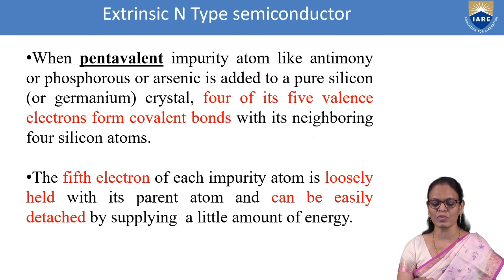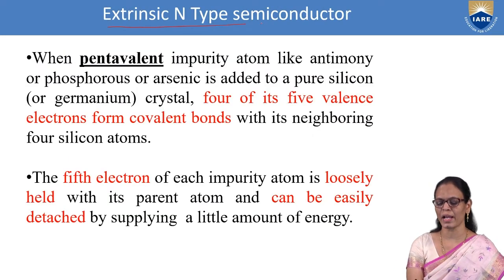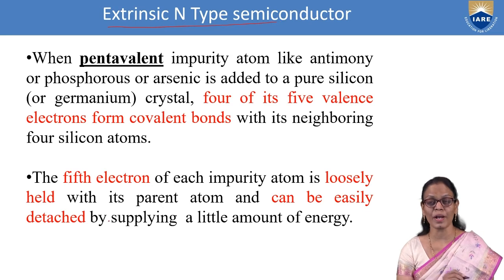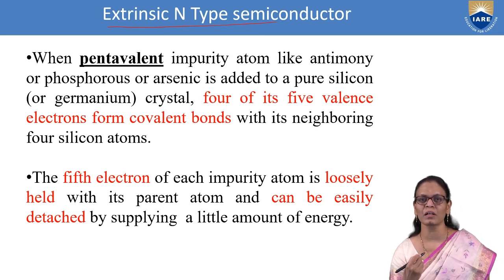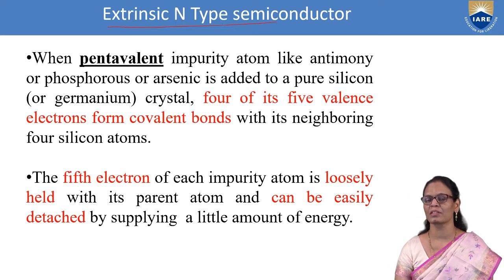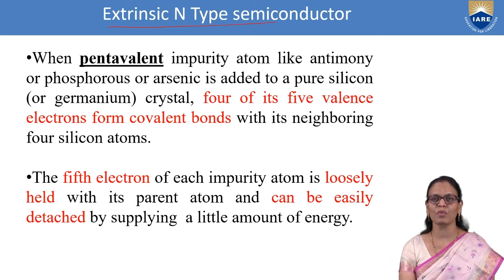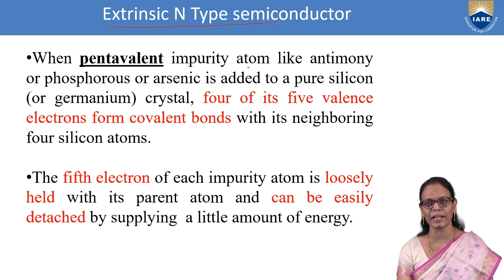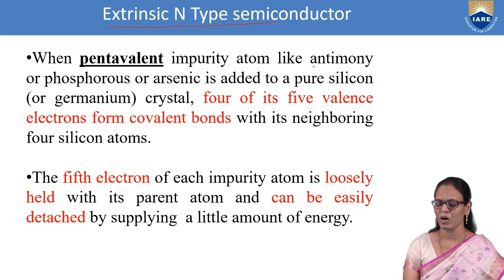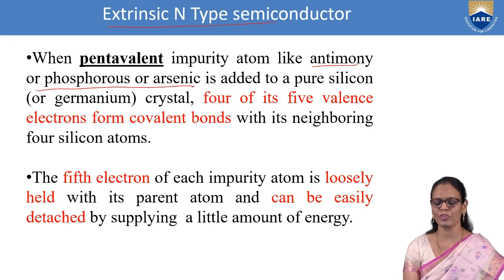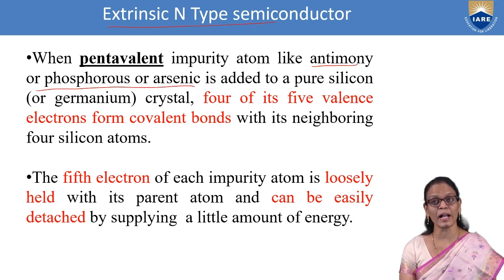Now let us look into, first we'll talk about N-type semiconductor. How an N-type semiconductor is formed, and the number of electrons that it can donate. So when a pentavalent impurity like antimony or phosphorus or arsenic, all of which belong to the fifth group, is added to pure silicon or germanium.